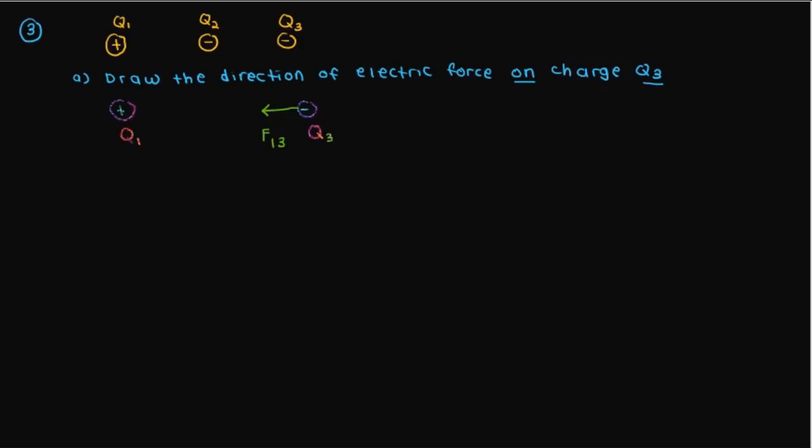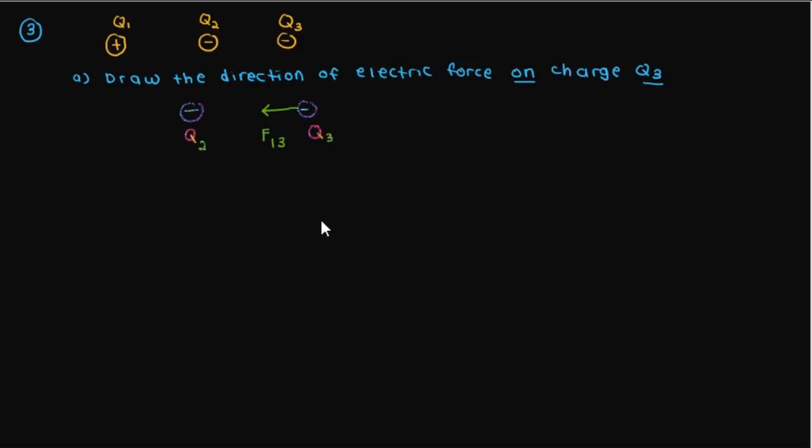Okay, now we want to draw the direction of electric force of charge Q2 on Q3. So we rub the Q1 first, and then we draw the Q2. The Q2 is negative charge, so negative will produce repulsive force. Repulsive force, our focus on charge Q3. So repulsive force means that it will move away from each other. Move away from each other means that on charge Q3, move away from charge Q2.